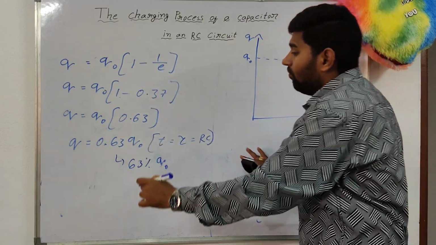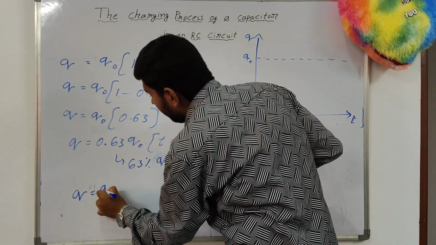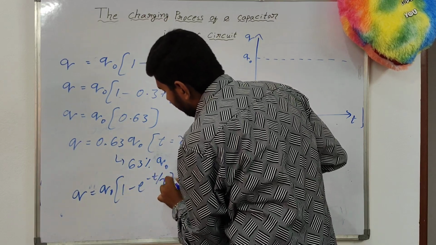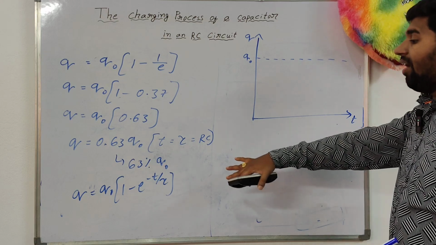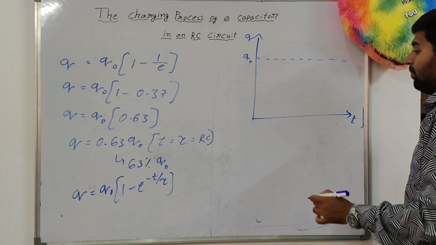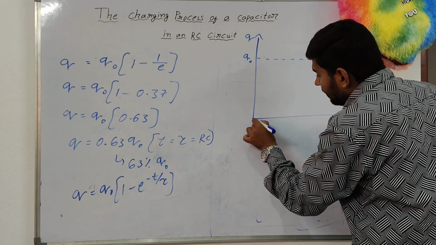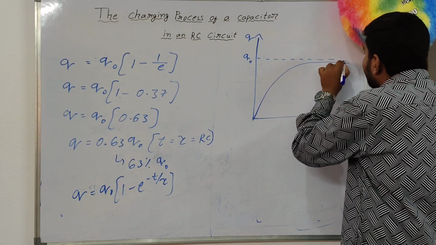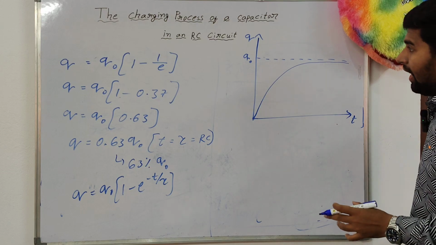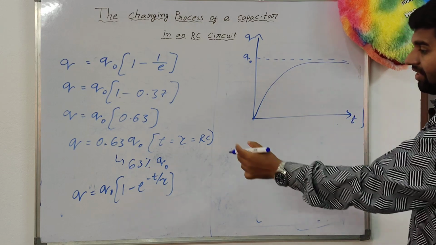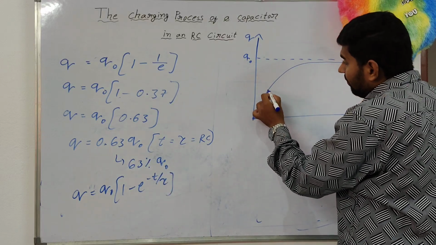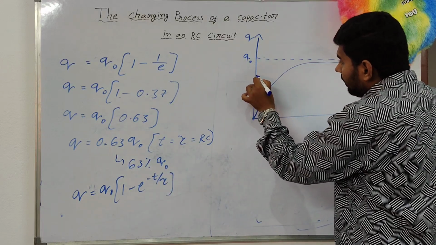Q is equal to Q naught into 1 minus e power minus t by tau. The graph is in exponential form, which means it will increase like this. At t is equal to infinity, both are meeting. And this graph at which point? 63 percent of Q naught, which means more than 50 percent.